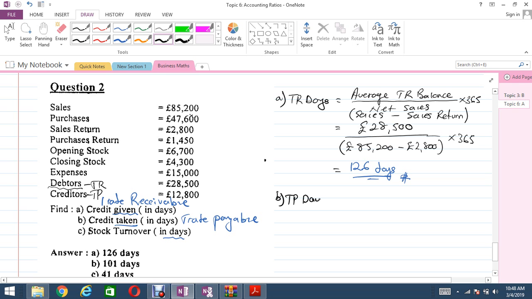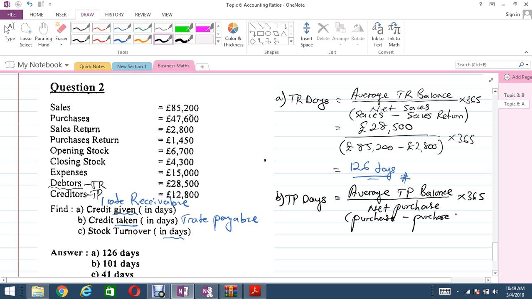Next is trade payable days. You take your average trade payable balance divided by, be careful, this is net purchase, times 365. So how do you find net purchase? Purchase minus purchase return.